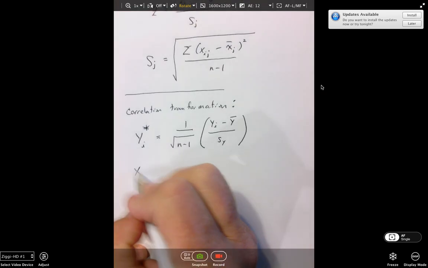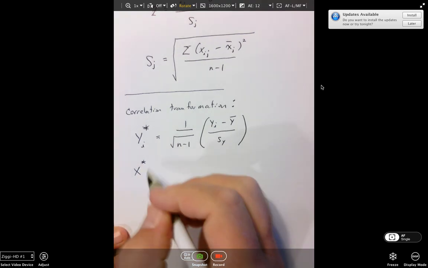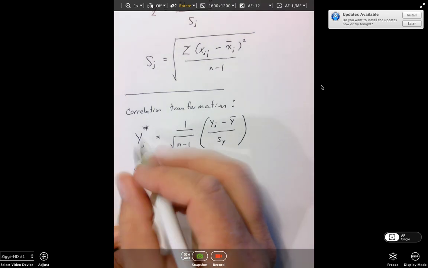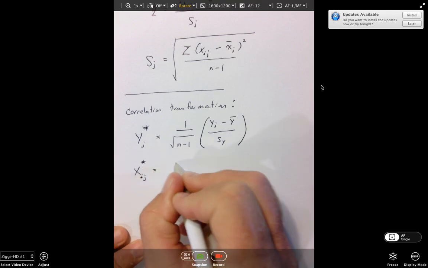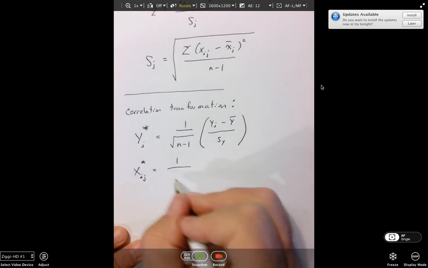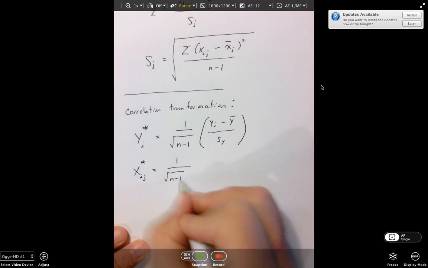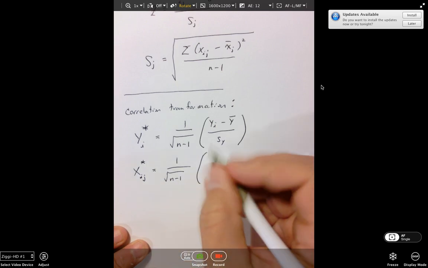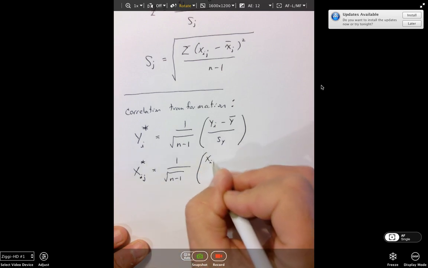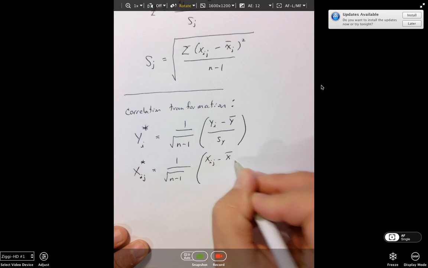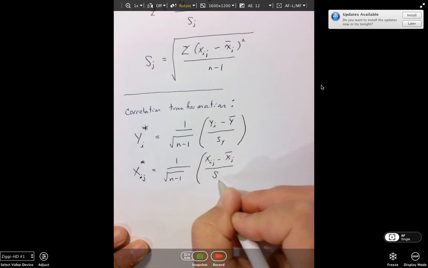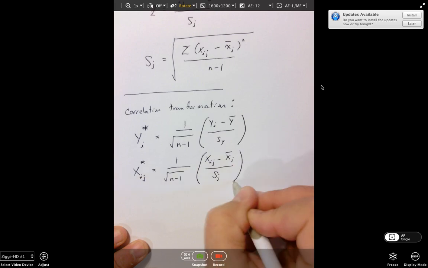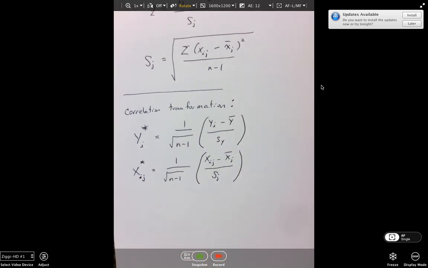And you thought this stuff was going to be hard. So x star, for each i sub j, will be 1 over the square root of n minus 1, and we take the z-score for each of these. And I'm going to illustrate this for you.